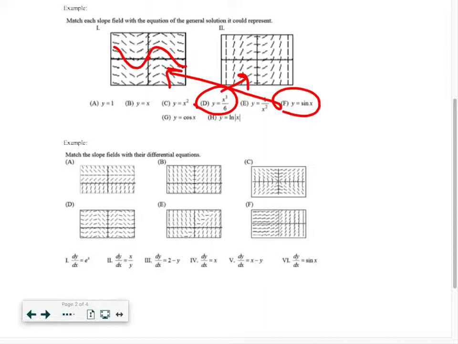With 5, BC, I think 5 is... No wait, I meant 6. You know what I mean. I think 2 is C.